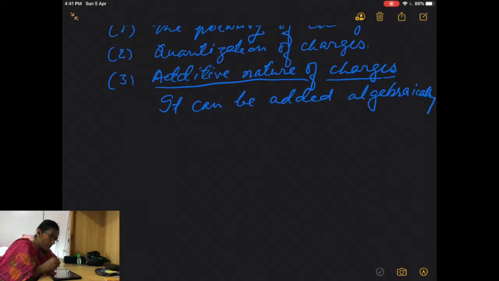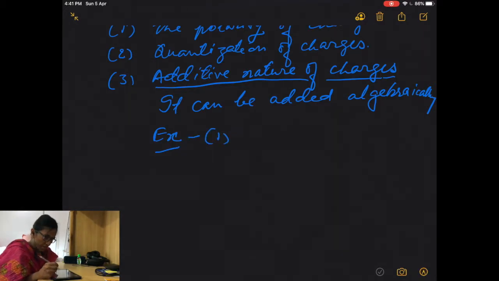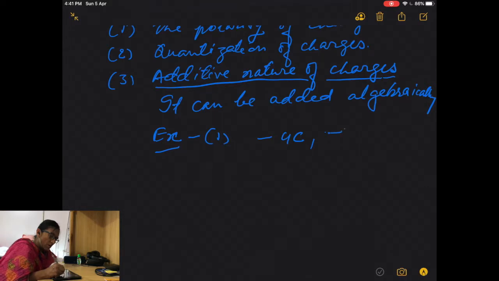For example, if you have 4-5 charges, like one of magnitude minus 4 coulomb, another of magnitude minus 3 coulomb, next is plus 2 coulomb, next is plus 1 coulomb.